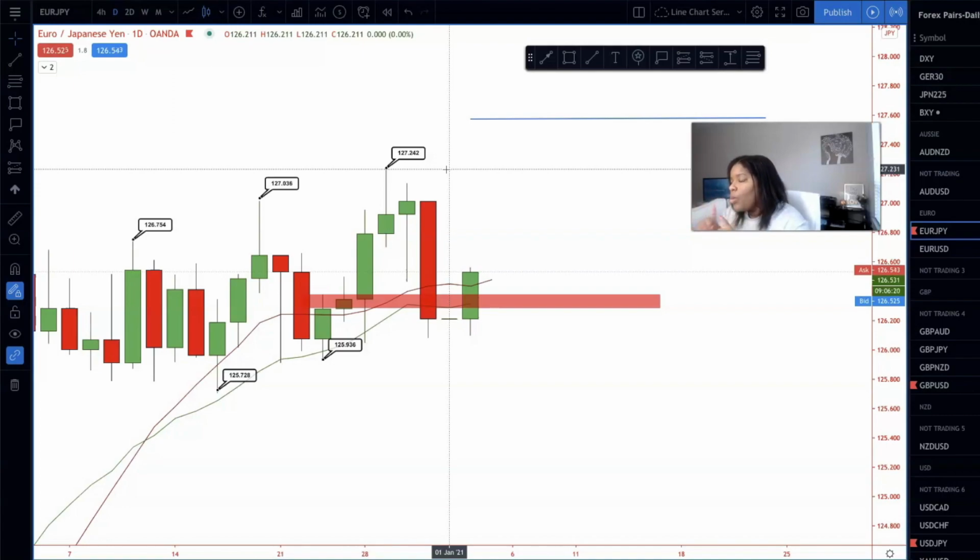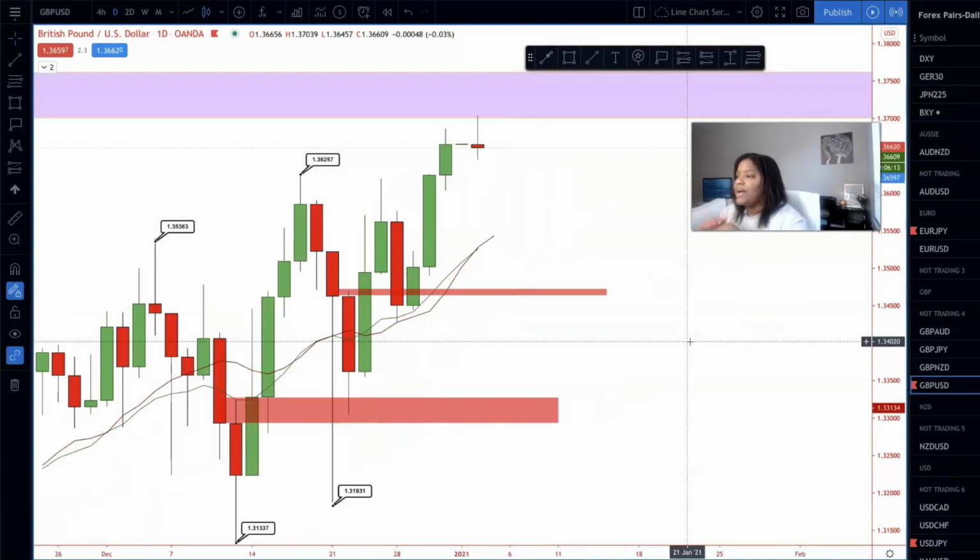Then we're going to go into one more, which is going to be Pound USD. Now, looking at Pound USD, what's important to note is that right now, Pound USD is retracing, and I'm going to use a keyword here, you guys. It's actually retracing. Okay, retracing just basically means it's going against the trend.